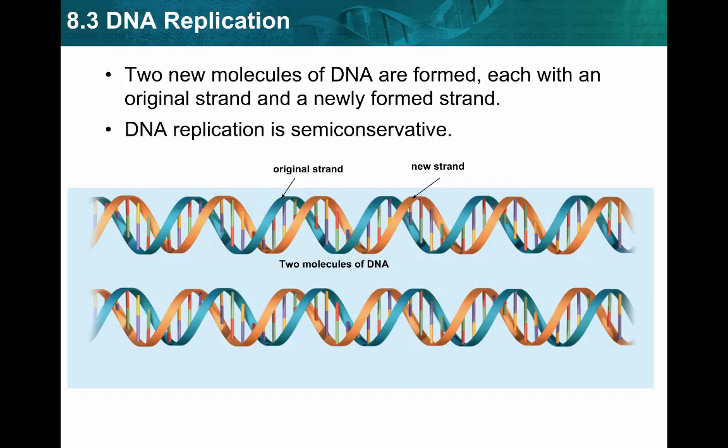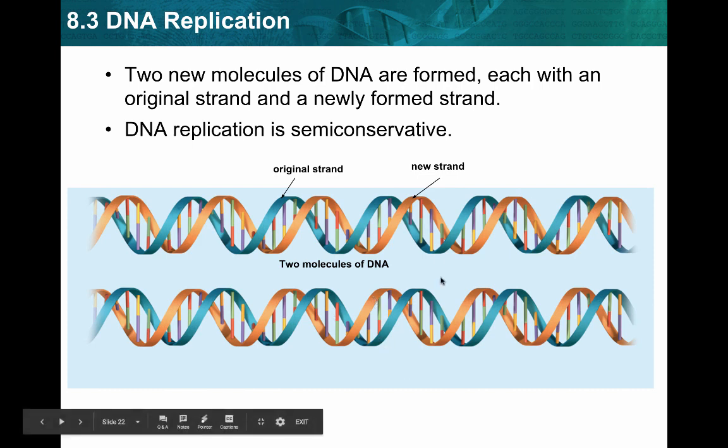So at the end of replication, you're going to have two new strands made, because the strand was opened up by helicase and the new nucleotides were brought in and paired up. And so in our picture here, we're representing that we have these two new strands. The original strand was the blue, right?